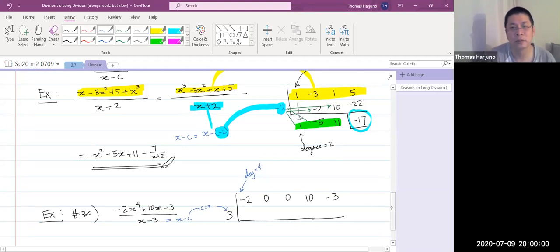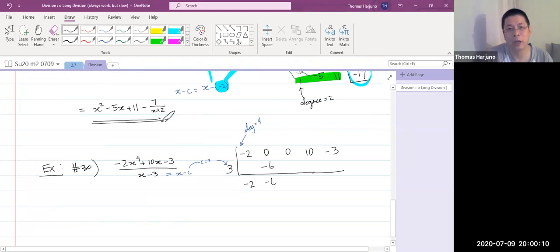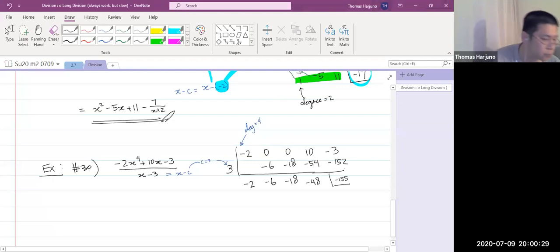Now, I hope I can write less, but still complete enough. The first number goes down, -2, and then multiply, -6. You add, multiply, -18. You add, multiply, -54. You add, multiply, this is -100, 152. So this is -155. Do I count it wrong?